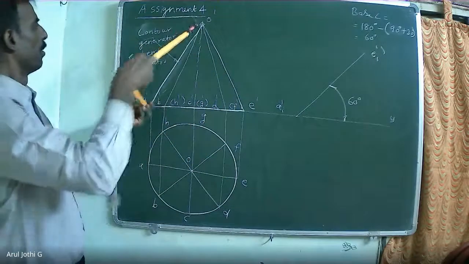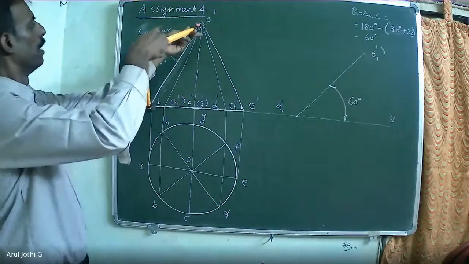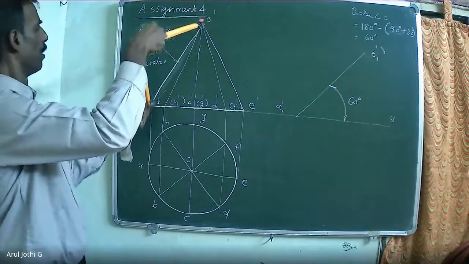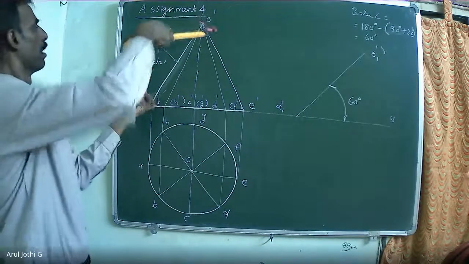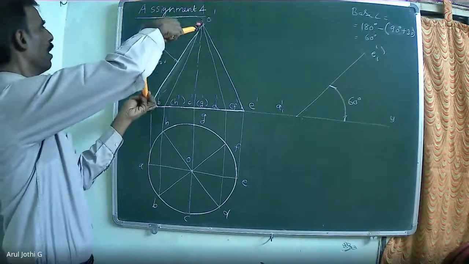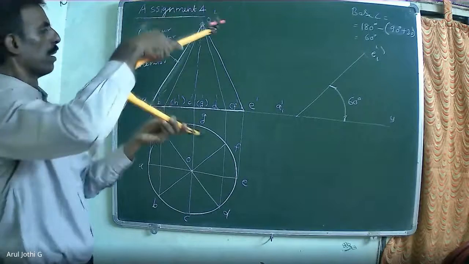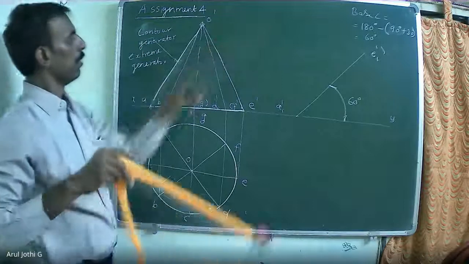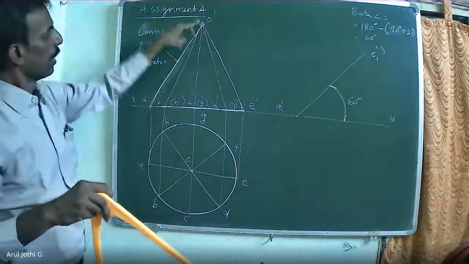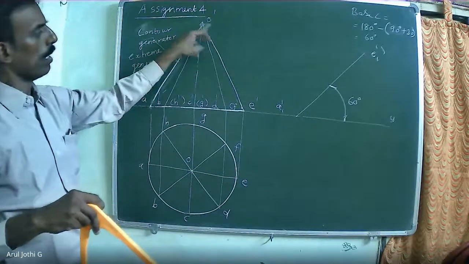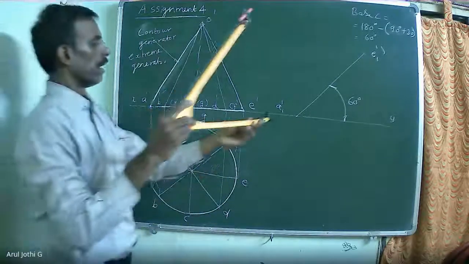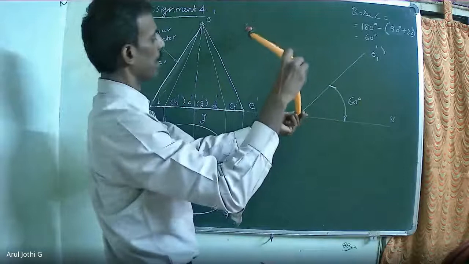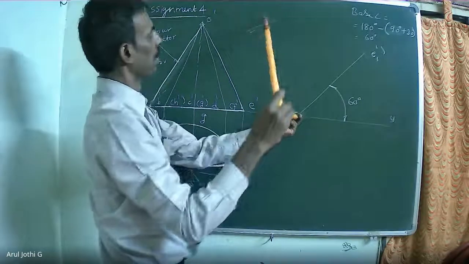Now measure the slope line, generator AO. How to find the apex point O? Measure generators AO and EO as radii and construct arcs. With AO as radius, draw the arc.